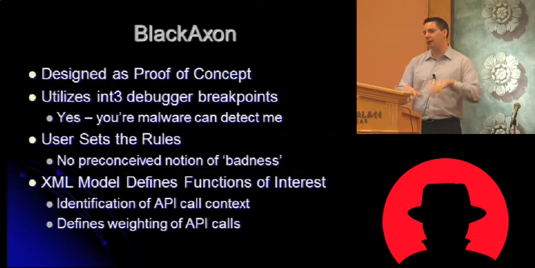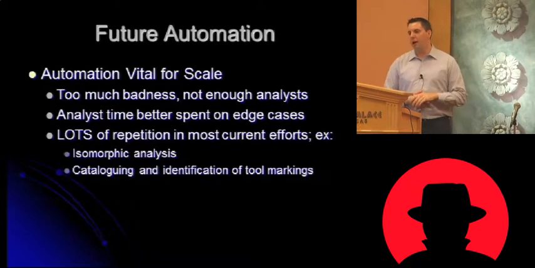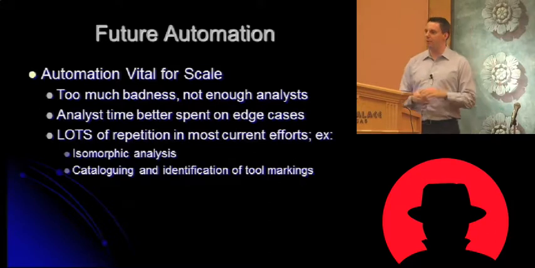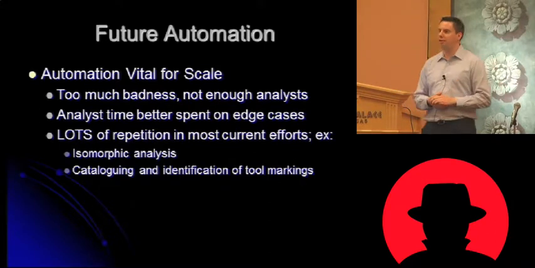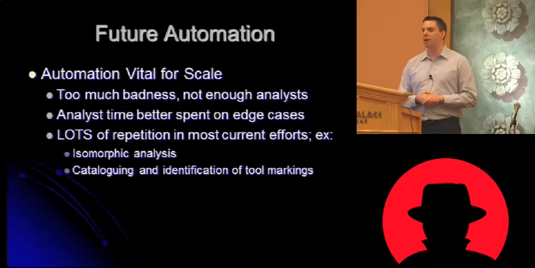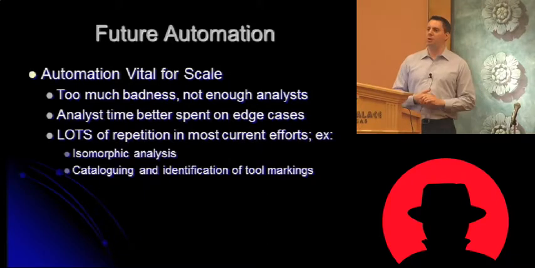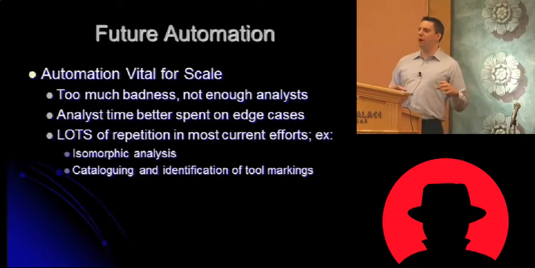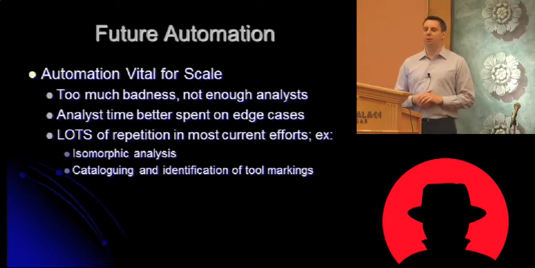We already discussed that, being able to create lineage between what we know about and what might have changed within that program, and then just performing analysis of the changed parts. And then cataloging of those identifications and markings so that when we see them in the future, we don't have to manually go and look at a database of tool markings that we know about and compare that to the target that we're analyzing, that can happen in an automated fashion.